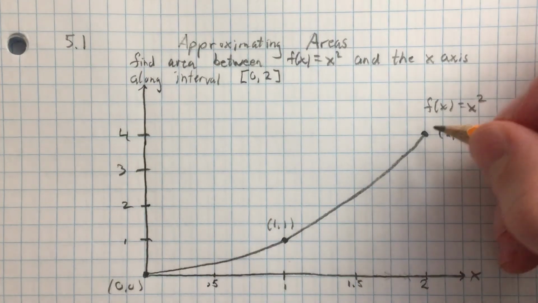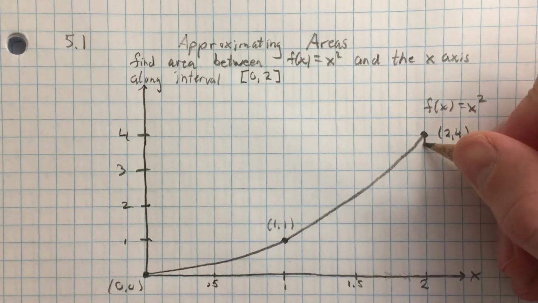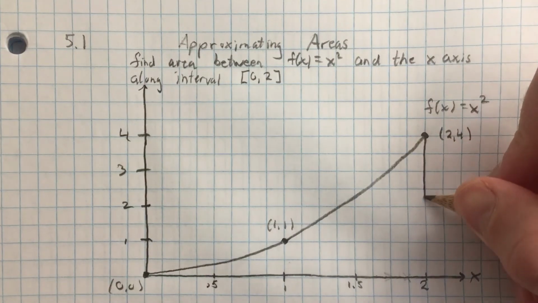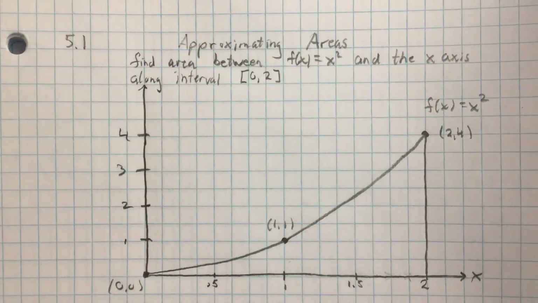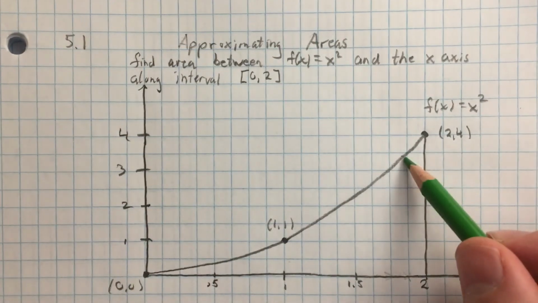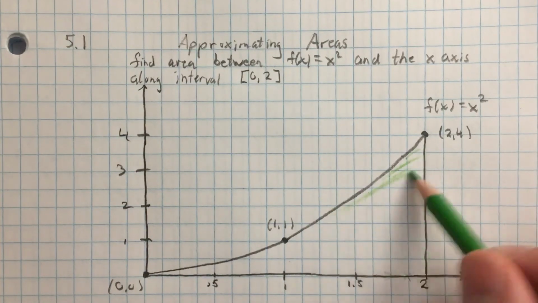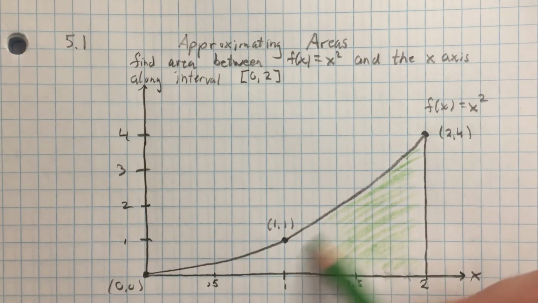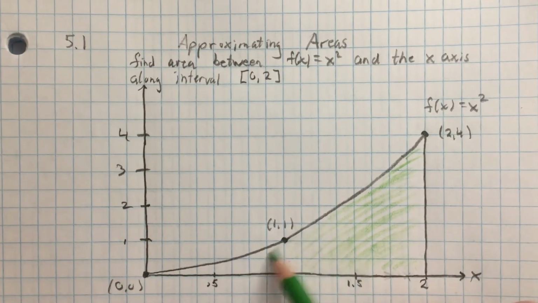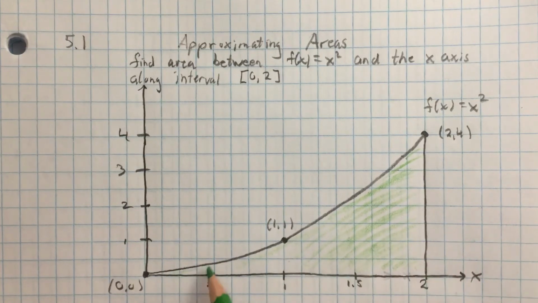Great. So one of the ways we're going to approximate the area between this curve and the x-axis, right? What we'd like to find, but we'll not be able to at this moment, is this area here, right? All this. We would like to know the value of this wedge, you might say. Although it's triangular looking in some sense, of course it's not a triangle, right? We know this is a curve, right?